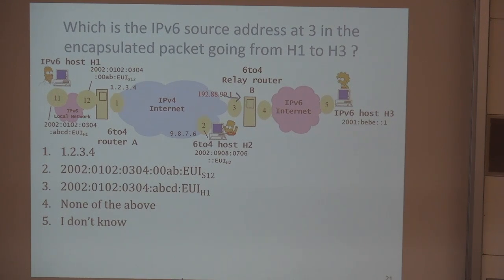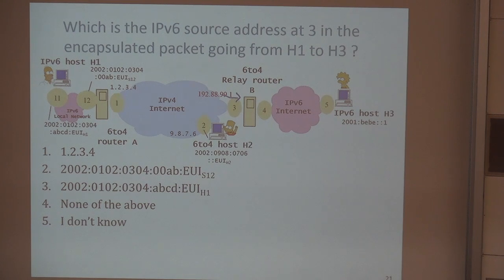Now, if I do a packet sniffing at 3, I look here, what is the IPv6 source address for the packet that we have just analyzed? I propose 4 possible solutions. Which one do you prefer? We'll do it manually.